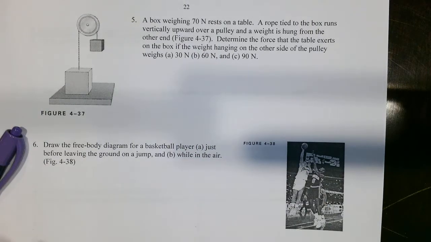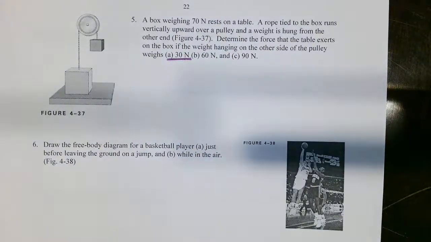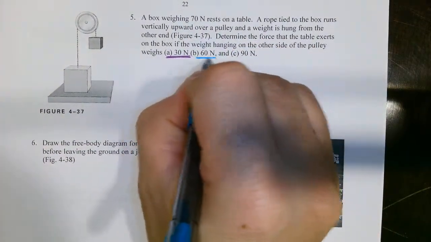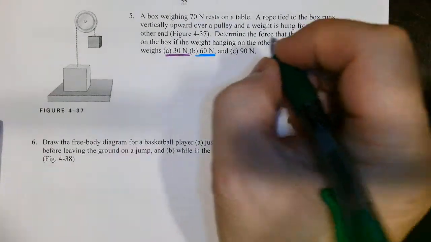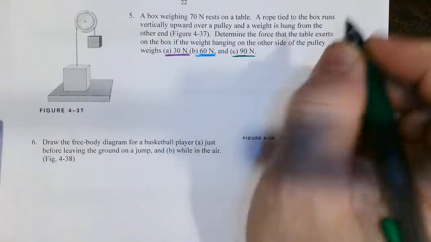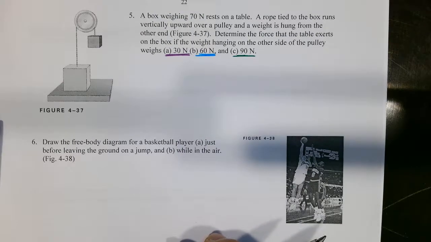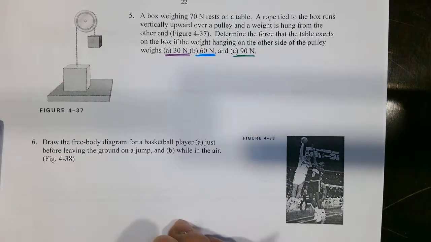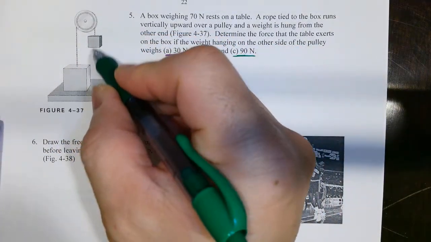All right? So A, I'm going to do it in purple. B, I'm going to do it in aquamarine blue. And C, I shall do it in forest green. Right? So, what would happen if I had 30 newtons of force hanging on this thing.